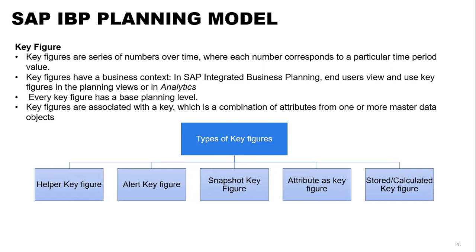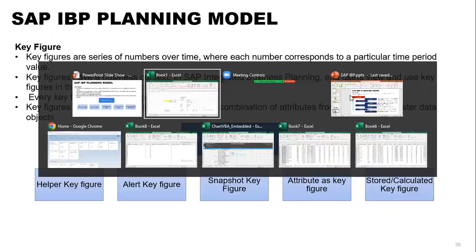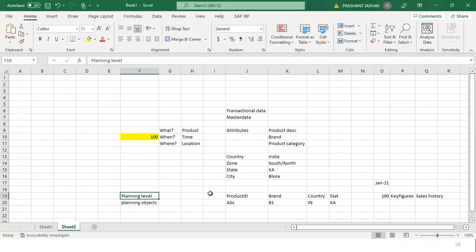So the next thing is a snapshot key figure. The snapshot key figure is like the name itself, it is indicating, right? It's a snapshot. Let me explain with an example.